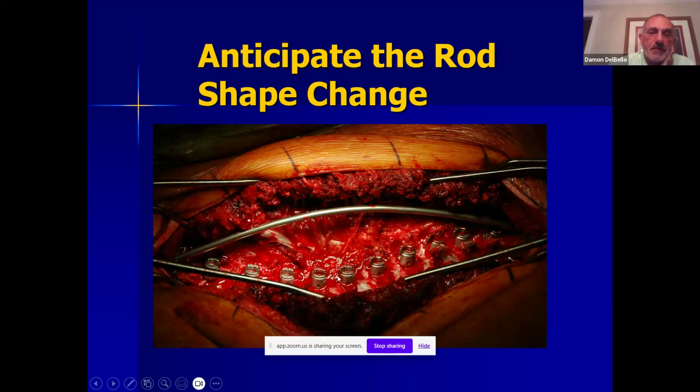If we have a very stiff spine and we're concerned about that, we may need to do multiple posterior osteotomies to loosen up the spine. So anticipate the change that you expect, and this is the final shape of the rod we want. Overbend in order to get this. Loosen up the spine in order to get this.